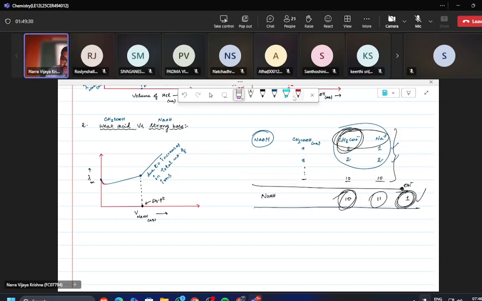Initially, there is a decrease. Why this change is there initially? Reason? Free H plus ions are replaced by Na plus, right? Response, sir. So free H plus ions are replaced.